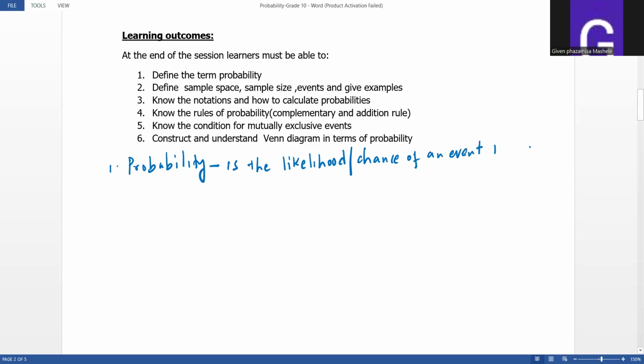The likelihood or the chance of an event to occur is called the probability. So the chances or the likelihood of an event to occur is regarded as the probability.